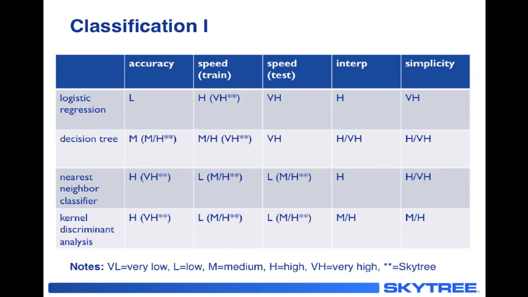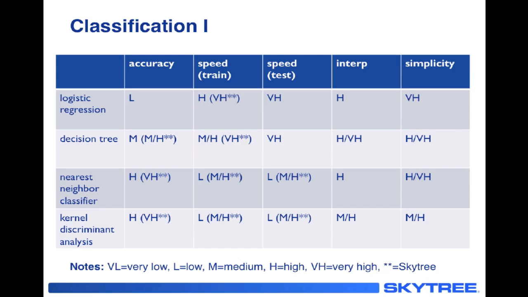So which one ends up being the absolute best? In the end, it kind of depends in practice on how much effort you put into tuning parameters for each one. All these have the capability to achieve what's called the Bayes error, or the absolute best possible error for a data set.